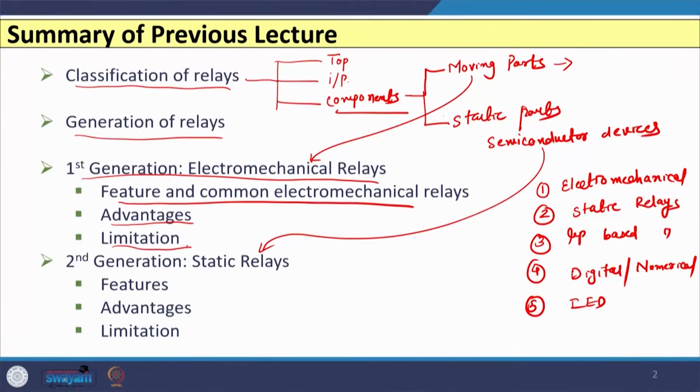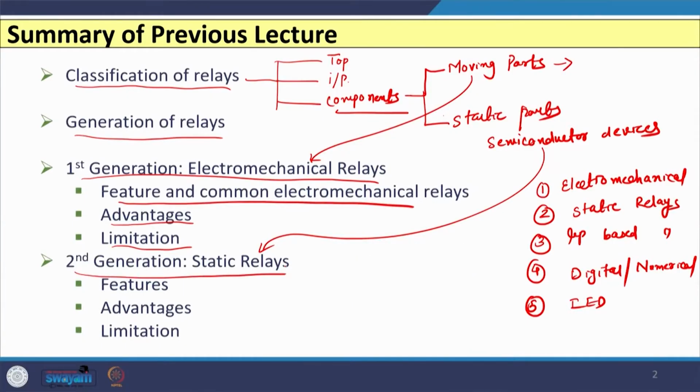However, this relay has certain limitations also. The important limitations are that they contain moving parts, so the maintenance requirement is very high, and the burden imposed by this relay on the CT and PT, that is on instrument transformers, is also high.